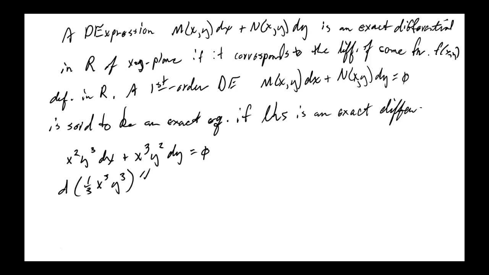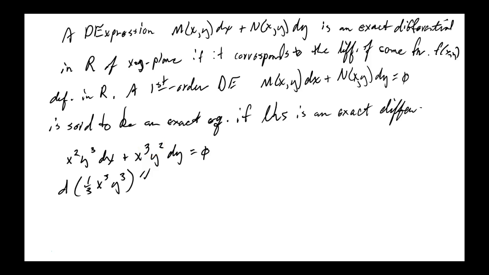Oh, I'm sorry, I skipped something. Notice that if we make this identification, and this is a key, it's coming up next. They're giving us the theorem in a minute. Remember, this was a partial of this thing with respect to x, and that's the partial of this thing with respect to y, well, with maybe a constant in there.